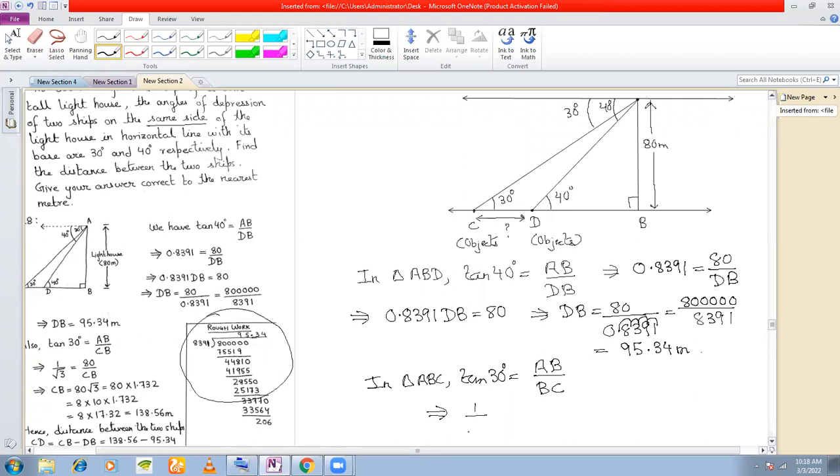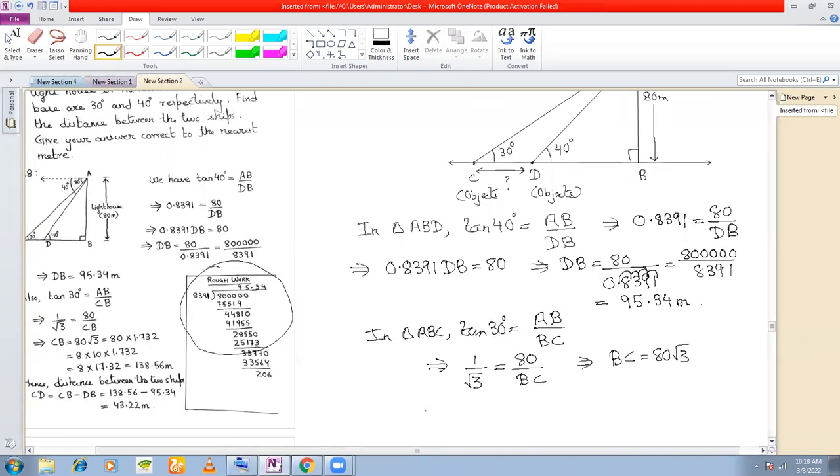So tan 30, we don't need to look up the tables. It is 1 by root 3 is equal to AB here is 80, and we can find out BC from it. So we have BC is equal to 80 root 3. Okay. We convert this to decimals. So BC is equal to, put the value of root 3 as 1.732.